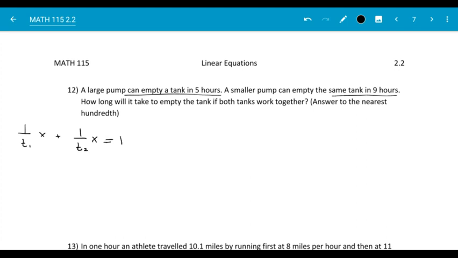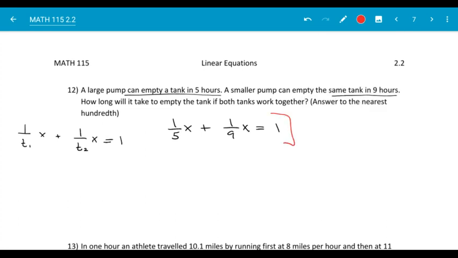T1 is the time that one of the pumps can do it, and T2 is the time that the other pump can do it. So each hour, they're doing 1/5 of the job for the big pump and 1/9 of the job for the small pump. The 1/5 of the job plus the 1/9 of the job have to add up to give me one whole job, and that's where that 1 is coming from. So for this problem, that would say 1 over 5 times x plus 1 over 9 times x equals 1.